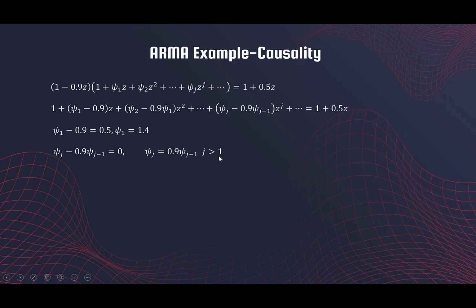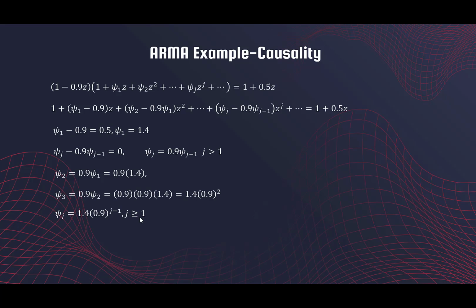which means this for j greater than 1. So let's plug in psi 2, that's j is equal to 2, we get this term. We plug in j is equal to 3, we get this term. And you can see that there is a recursion formula. So in general, psi j can be written as 1.4 times 0.9 raised to j minus 1 for all j greater than or equal to 1. So this also holds true for j is equal to 1, right?